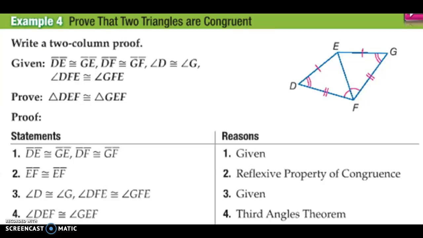Example 4, proving that two triangles are congruent. Now for this one, we are going to have to write a proof. So given that DE is congruent to GE and DF is congruent to GF, and that angle D is congruent to angle G. So we got all these tick marks that let us know what's congruent to what.